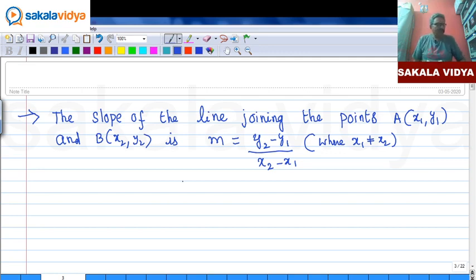Understood now? So, now equations of a line.